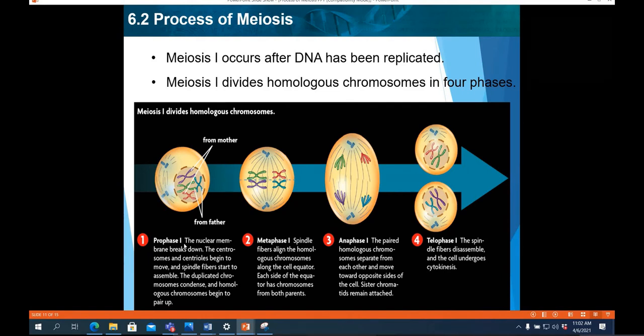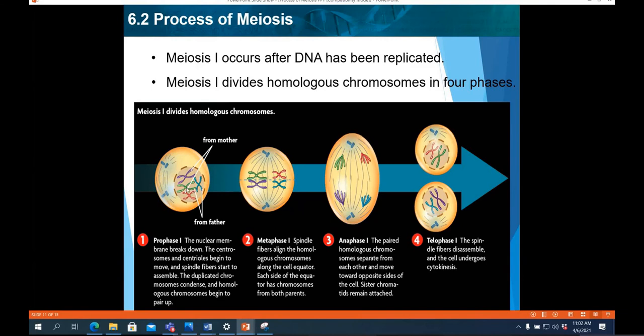So what happens in prophase 1 is the nuclear membrane breaks down. You can say this membrane which is surrounding the homologous chromosomes over here is the nuclear membrane. That is the first step. Then the centrosomes and centrioles begin to move. These things which you can see over here are the spindle fibers which are present at one end now.